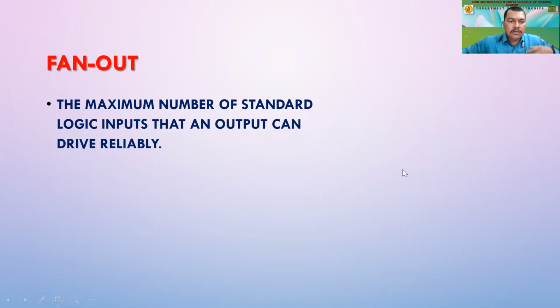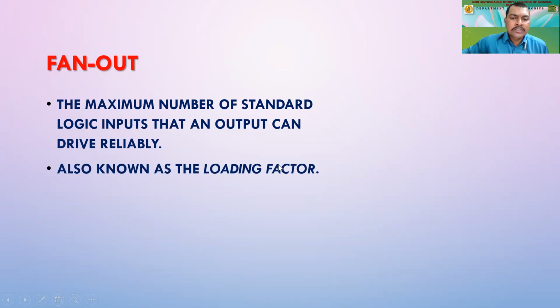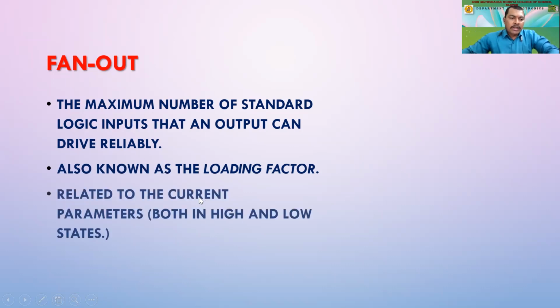This is also known as the loading factor. That is how much load you are supposed to give to a gate, and it is reliably going to drive those loads. This is related to current parameters in both high and low states, because it is going to drain the current from that particular gate.